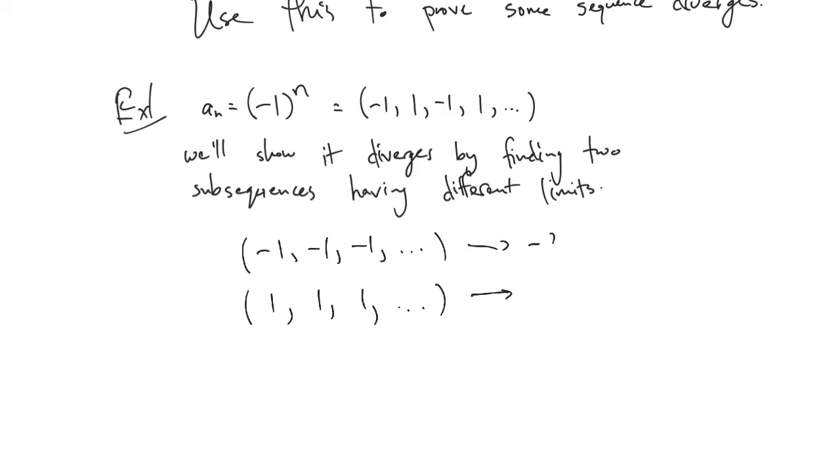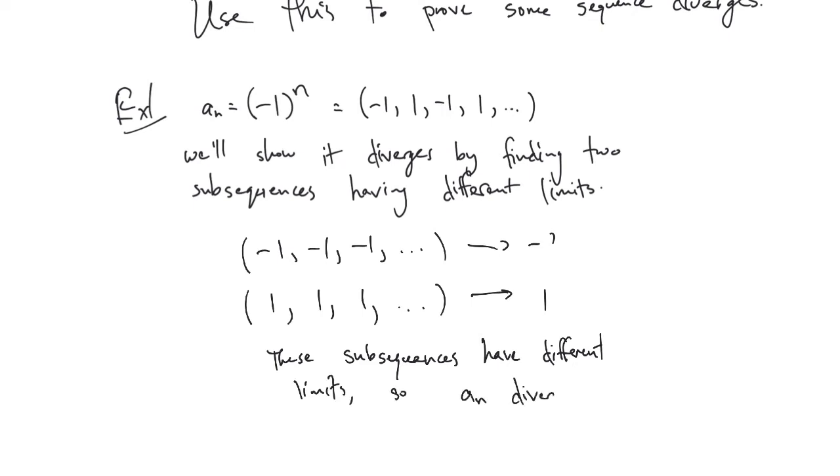This one converges to plus 1. Since they converge to different limits, that means a_n diverges. That's how we do it.